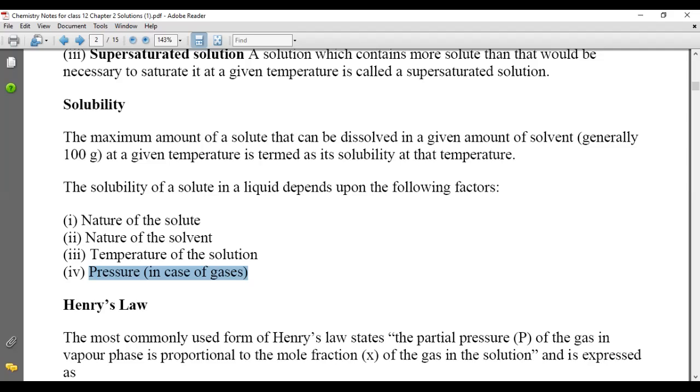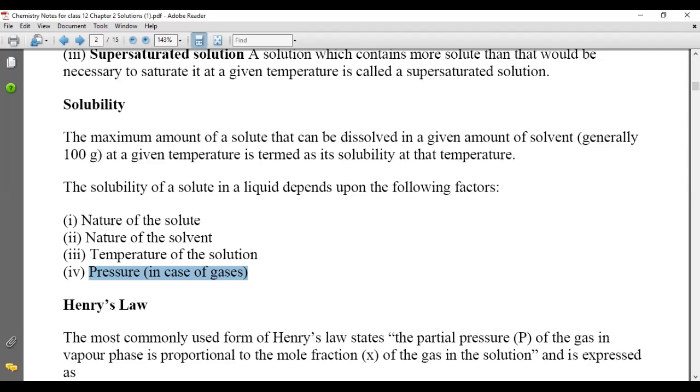On the other hand, when no more solute can be dissolved in a solution at the given temperature, then the solution is known as saturated solution.